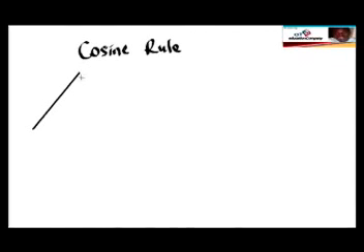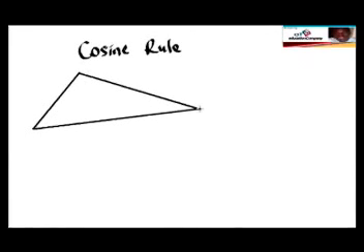The next one we'll be talking about is the cosine rule. This rule is also applied to non-right angle triangles, but it's much different from the sine rule. The rule says that if I have A, B and C in this way, the sides are called small a, small b, and small c.